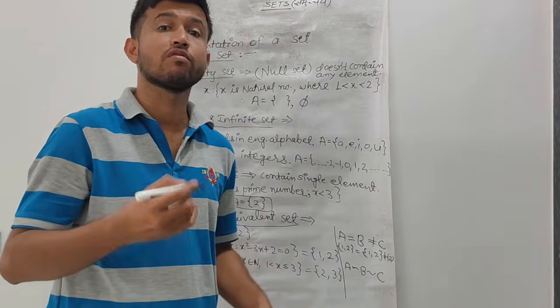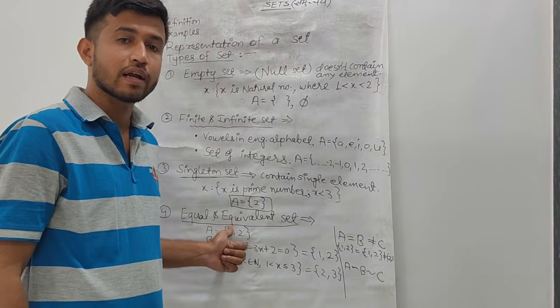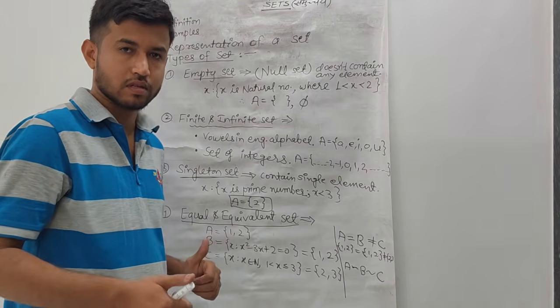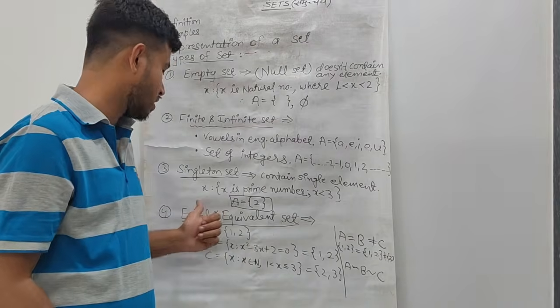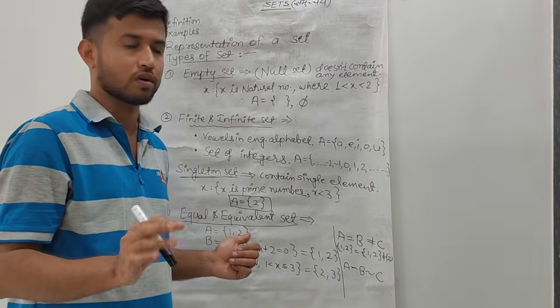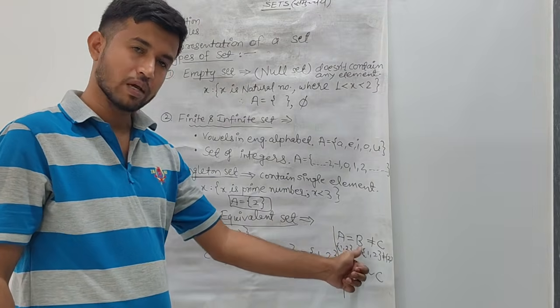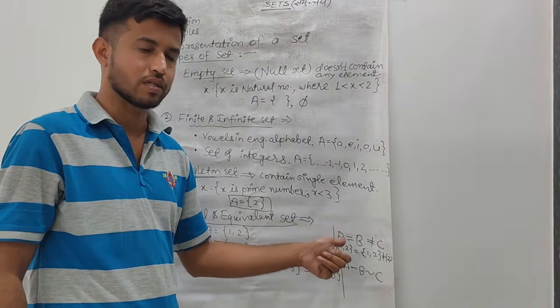A, B and C are equivalent sets. How? Because they contain the same number of elements. In an equivalent set we see the number of elements, and in an equal set we see whether the exact elements are the same or not. A and B have the same elements, 1 and 2, 1 and 2, so they are equal sets.